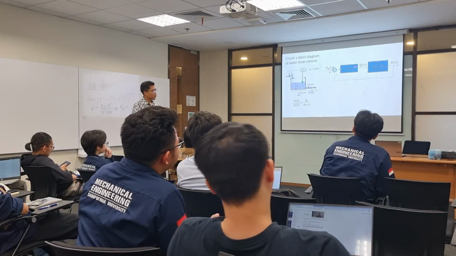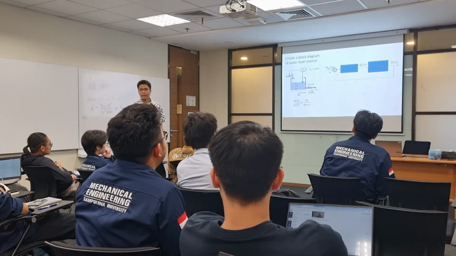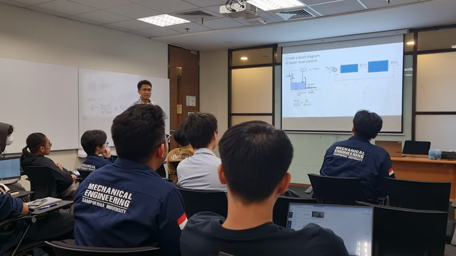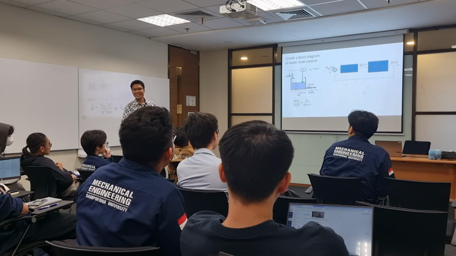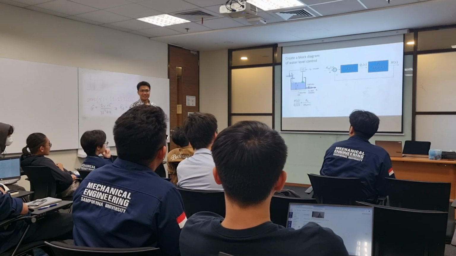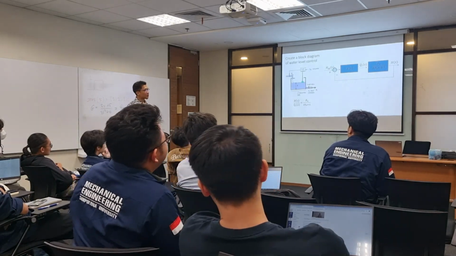So what is the input to the controller? This is the controller. What's the input to the controller? Error. Error, that's correct. What is the input coming to the plant? UI. UI, you know, right? What is the input to the whole feedback system? HSP. What is the output of the controller?